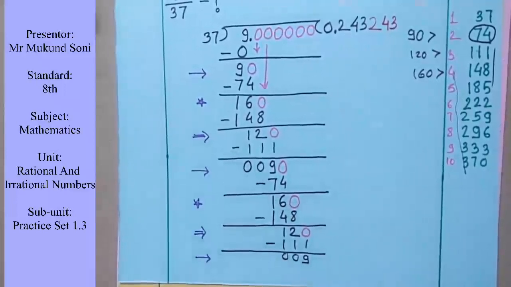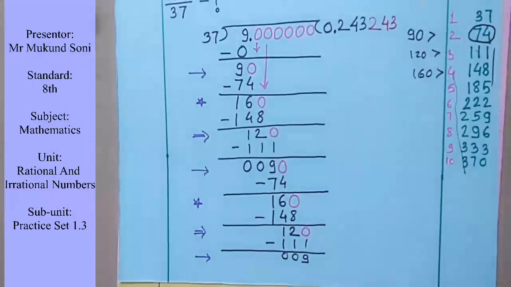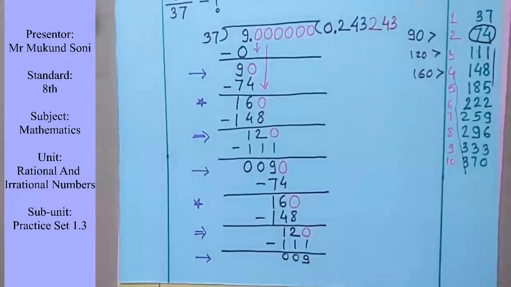So this thing is getting in a repetition. That means the same remainders are going to appear again and again. That will make this division endless. That means it will keep continuing without finding any zeros as remainder.